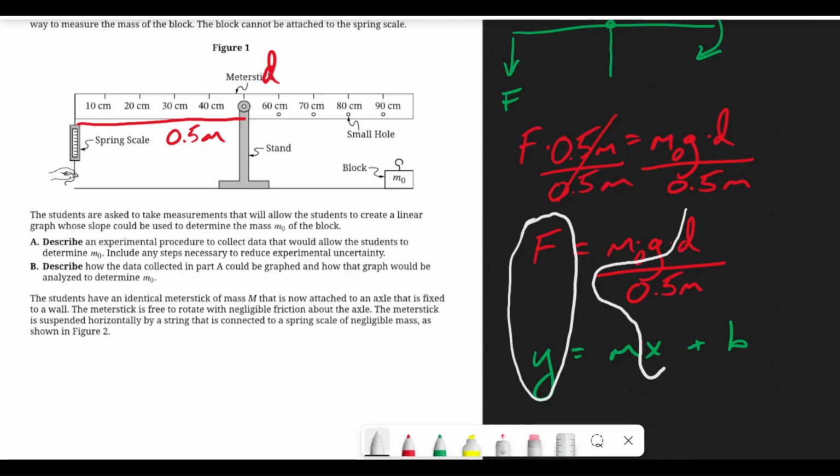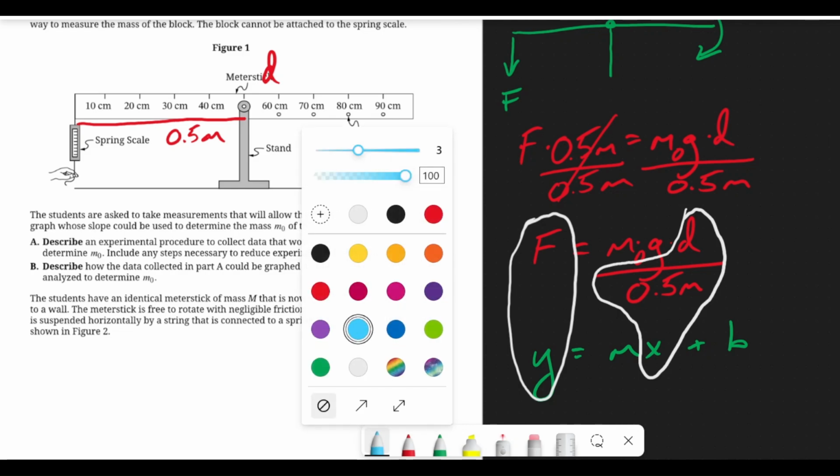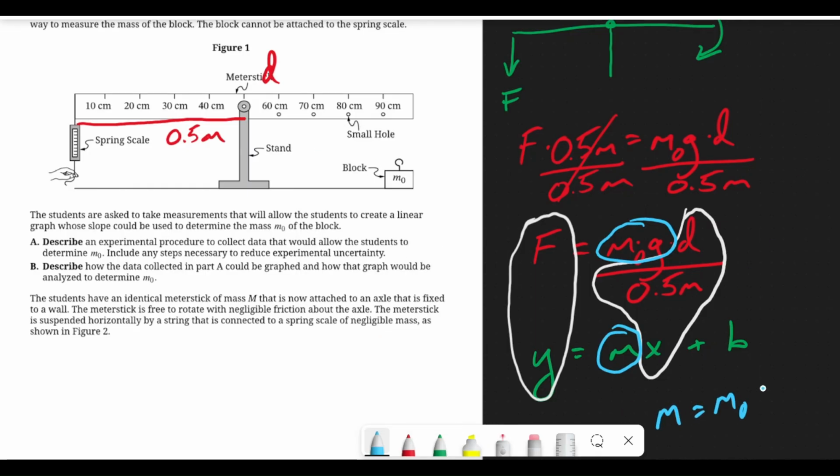So I'm going to graph my distance divided by 0.5 as my x variable. And then what is my slope of this line going to be? My slope, I'll change colors here so you can see, is going to be this right here. My slope of my line is going to be the mass times g. So this is the slope of my line right here.